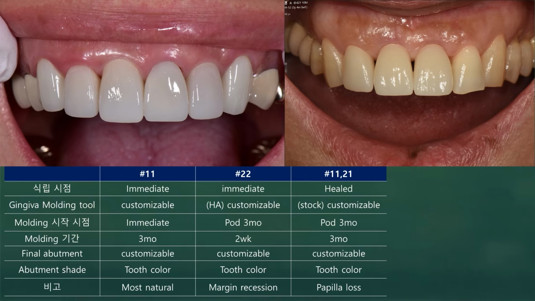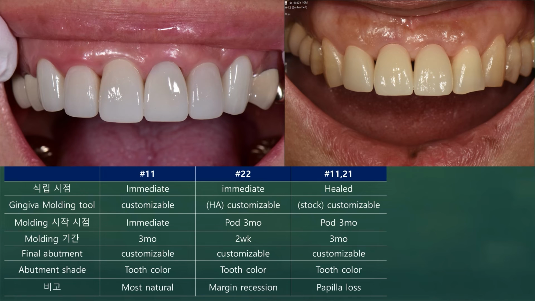The first patient, number 11 and 22, and the second patient, if you compare these two, have a similar timeline, but for number 11, everything was done immediately, and for number 22, I did implant placement, but the temporary was delivered a bit later. For number 11 and 21, the patient on the right side, from a healed ridge, there was a delayed placement, and gingiva molding was also done in a delayed way.